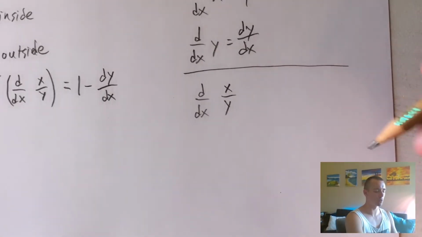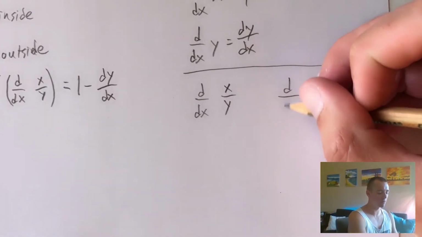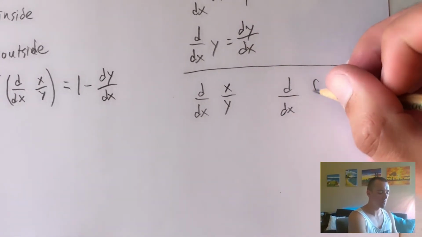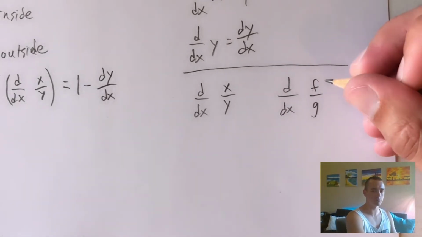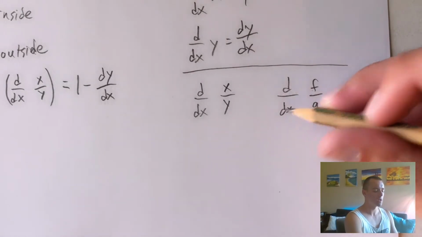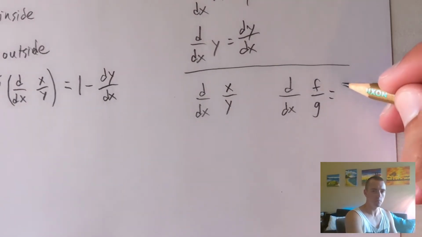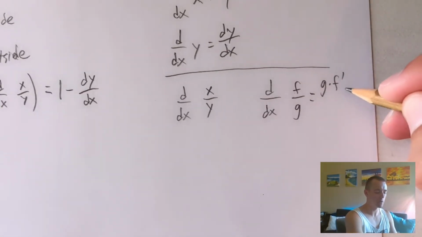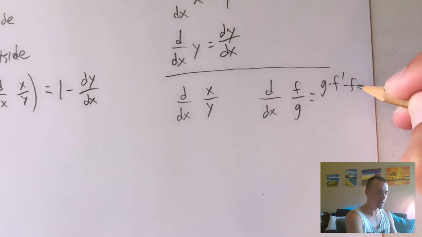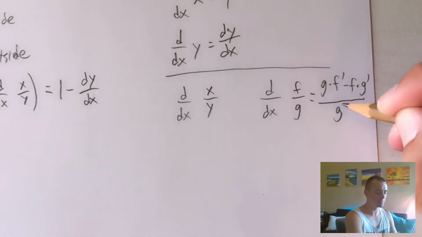Well, with the quotient rule, let's say we're taking the derivative of some function, f over g, some unknown numerator and denominator. To find the derivative of this, you would just do the bottom times the derivative of the top minus the top times the derivative of the bottom, all over the bottom squared.